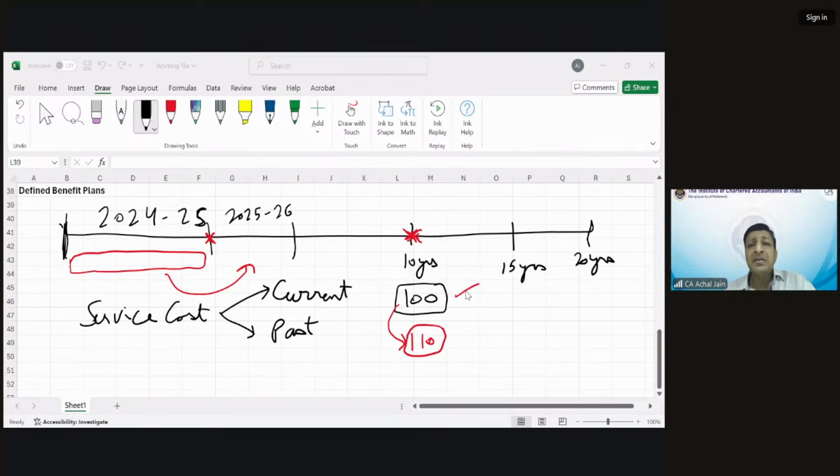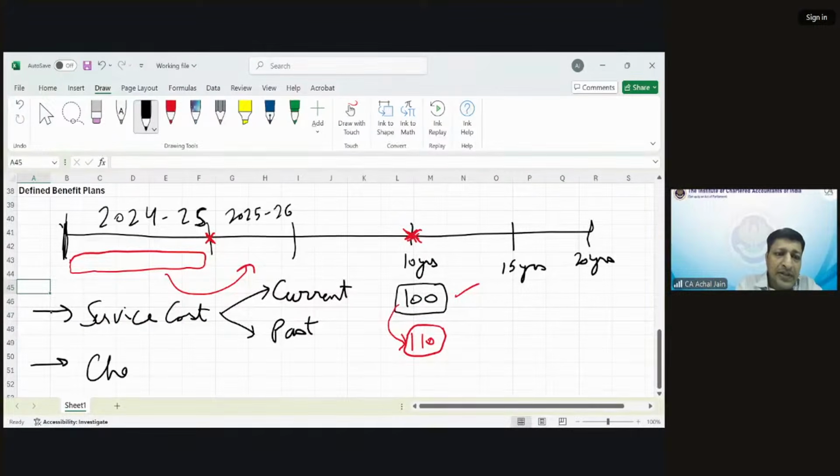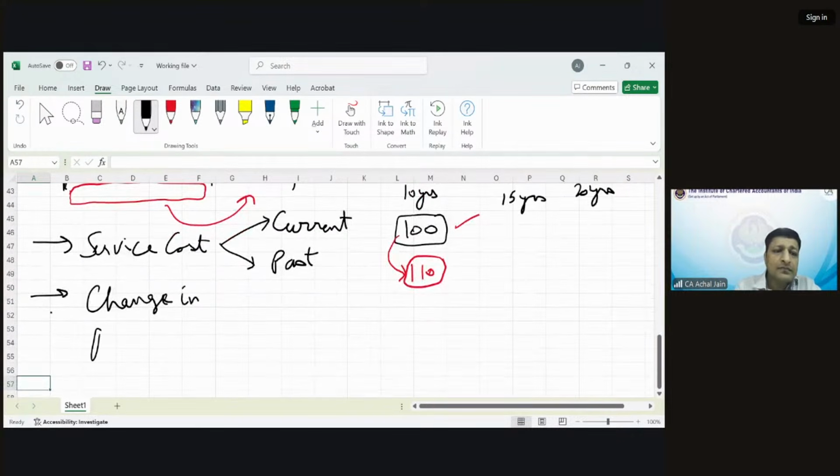And because they may change, that may also become one of the factors. Yes or no? That may also become one of the factors for the change in the liability.